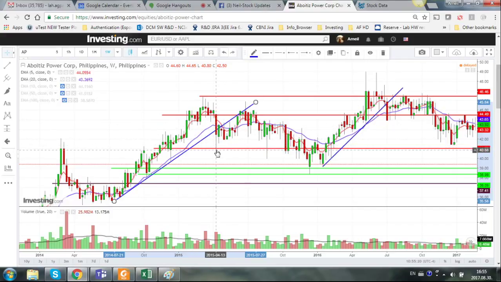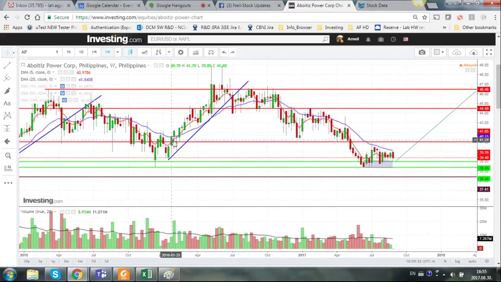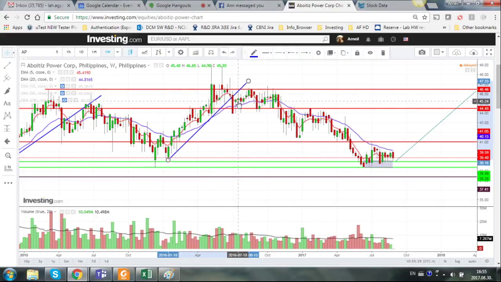Bumaba siya ng very deep here, pero yung sell signal here. Bumalik ulit, pero as you can see, bumaba ng tuloy-tuloy. Then later on, bili ka na lang ulit kung mayroon ng buy signal dito. Bili ka ulit. Then, cross sa intersection, sa trend line, generate the sell signal. So, sell here.